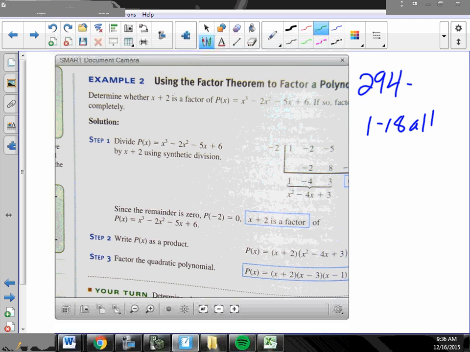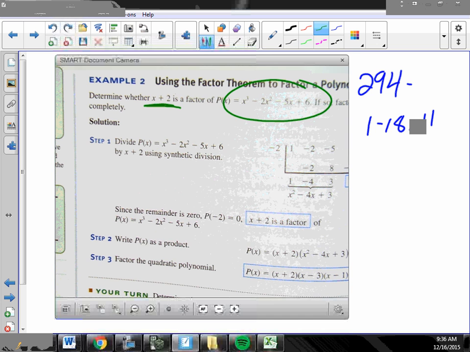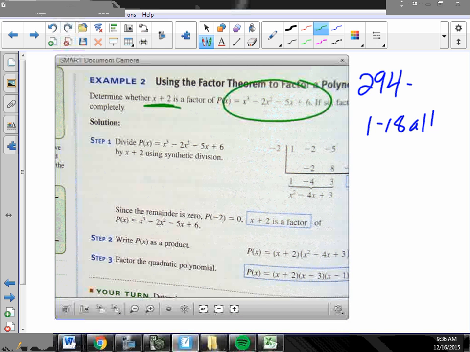So we have this polynomial, and we want to know, does x plus 2 go into it? And if it does, then we know one of the factors. How many factors does this have? 3. So if we have an x to the third and we find one factor, it will simplify to a quadratic, and then we can use our factoring skills of quadratics to find the other two.